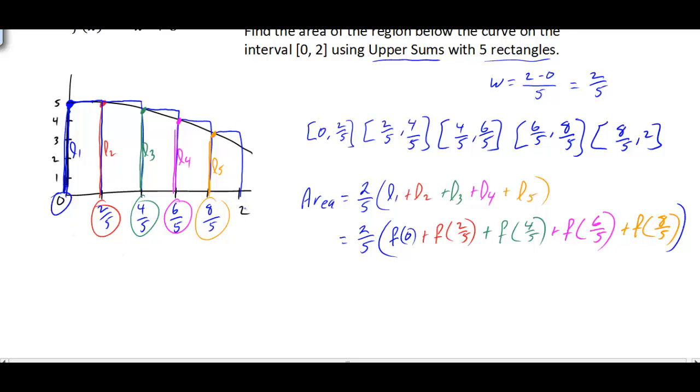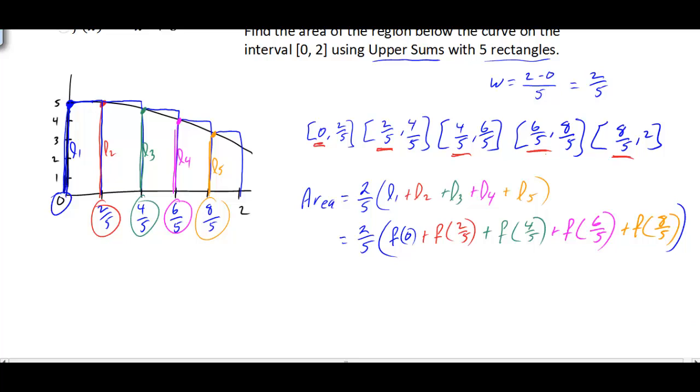I know it's a common mistake to include each interval, but remember for this example, we were using the left endpoints up here. So when you set a problem up like this, you may want to indicate that you're only using the left endpoint. So again, you end up with 1, 2, 3, 4, 5 rectangles.